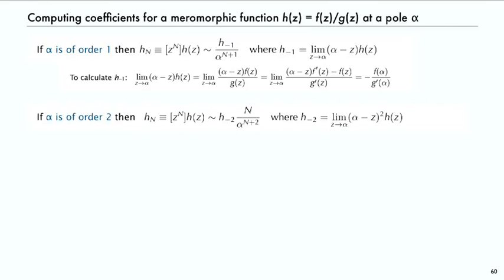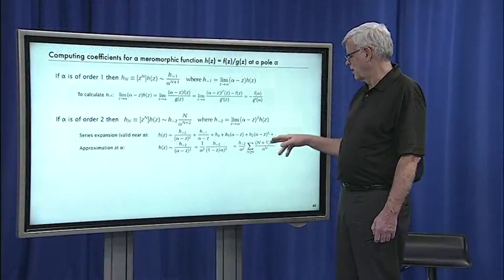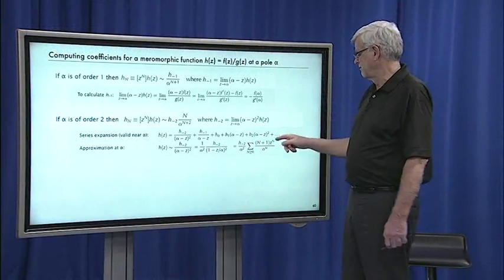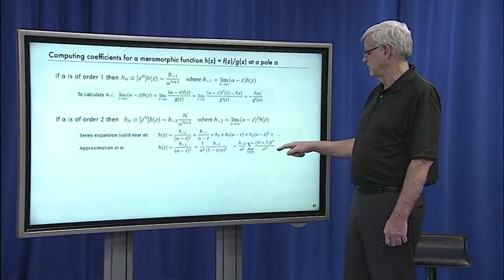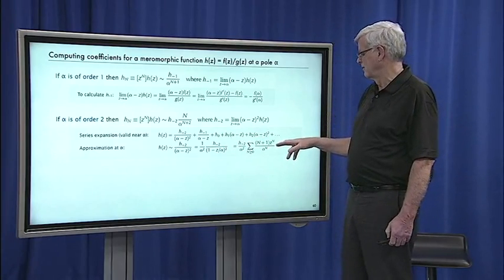If it's of order 2, then we have to apply L'Hopital's rule twice. So we can do the expansion as before. We have 2 terms now, but we just take the leading term, and now our leading term, we're expanding 1 minus z over alpha squared, and then that, because of the squared, brings in a factor of n into the leading term simply by elementary generating function expansion.